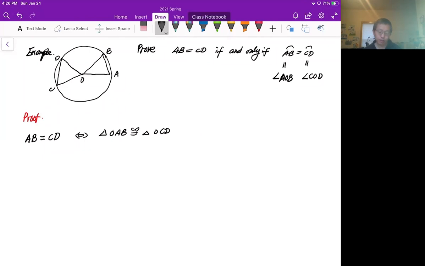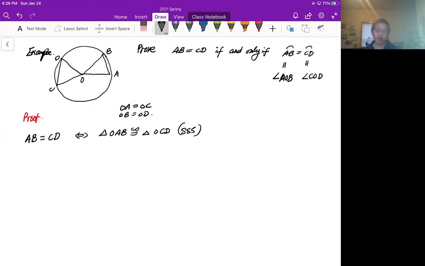Why? Because of SSS. Why SSS? Because first of all, you have the radii to be the same already, that's OA equals OC, and OB equals OD already. So we have two pairs of the sides to be the same already.